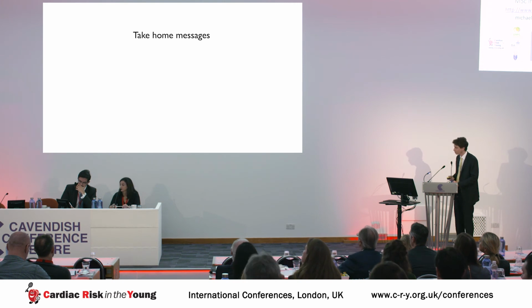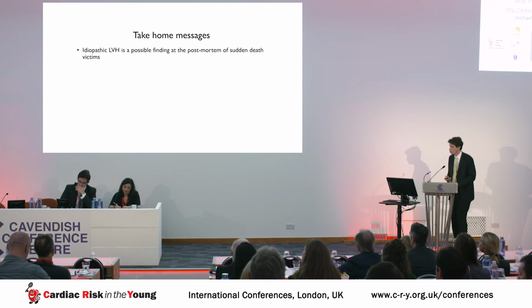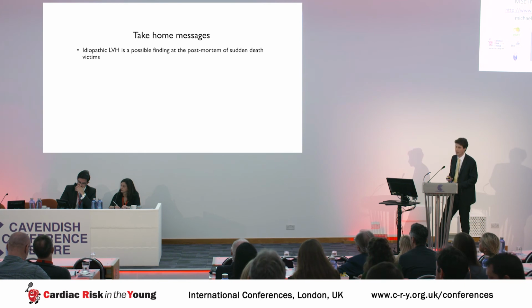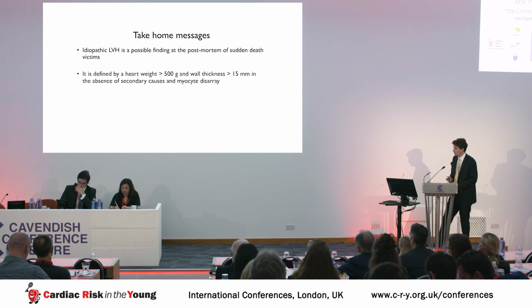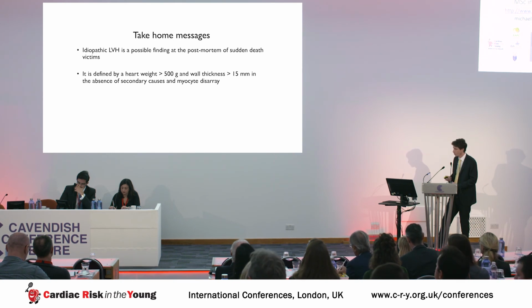So to conclude, idiopathic LVH is a possible finding at the postmortem of sudden death victims. It is defined by a heavy heart, more than 500 grams in males and more than 400 grams in females, wall thickness more than 15 millimeters in the absence of secondary causes and myocyte disarray.